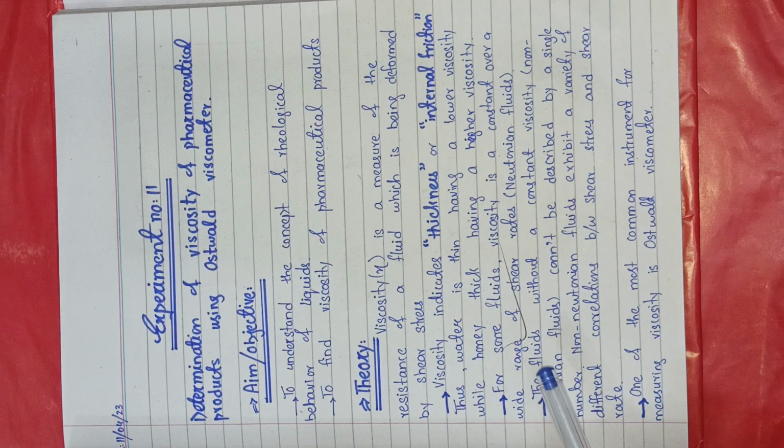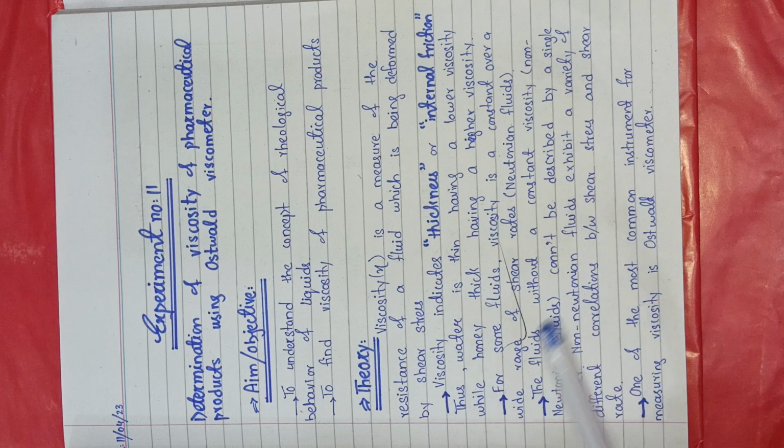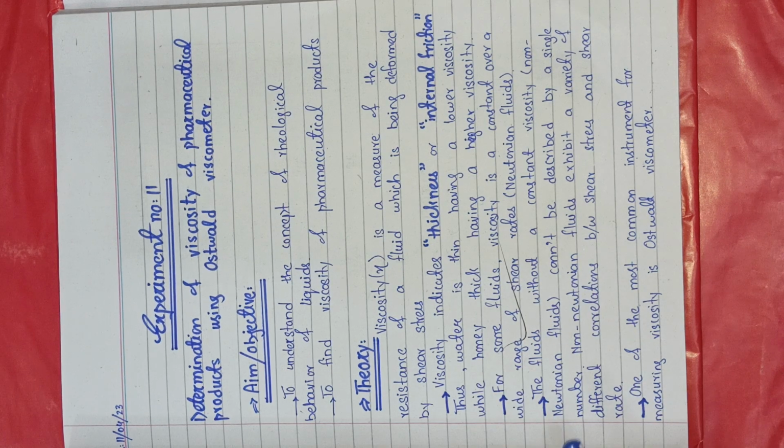This is the example. For some fluids, viscosity is constant over a wide range of shear stress. This is called Newtonian flow, because Newtonian fluids obey Newton's law, and their viscosity remains constant over a range.